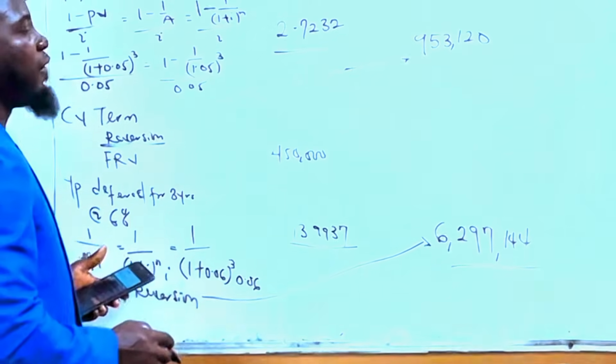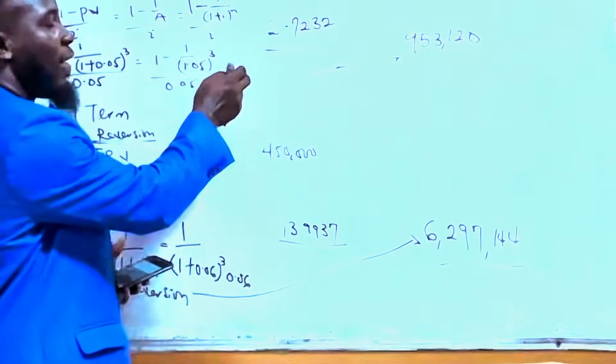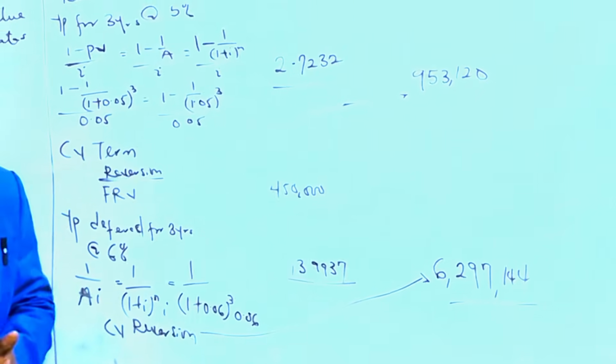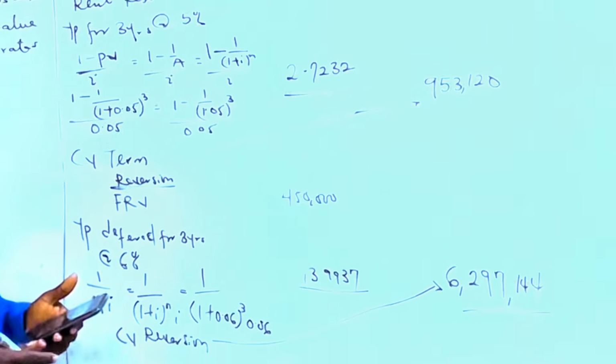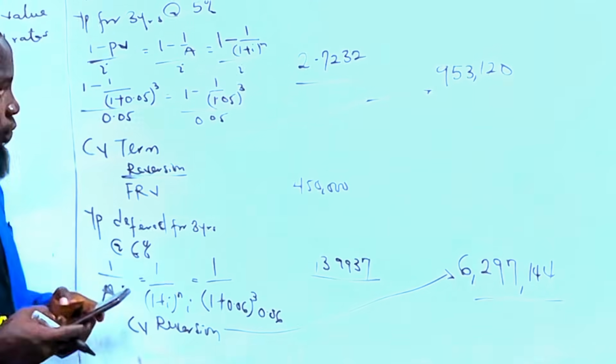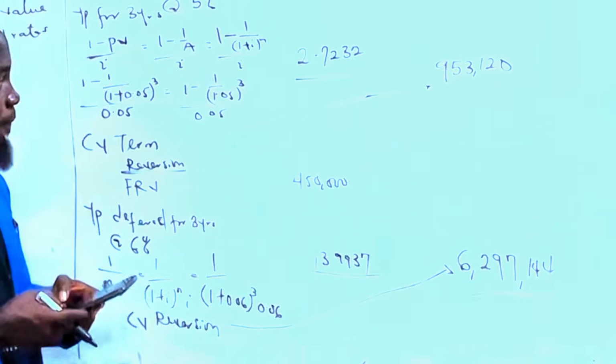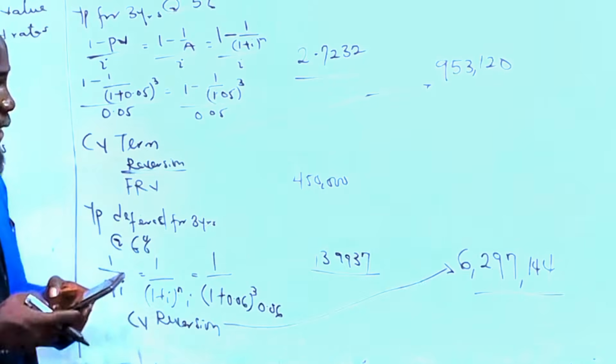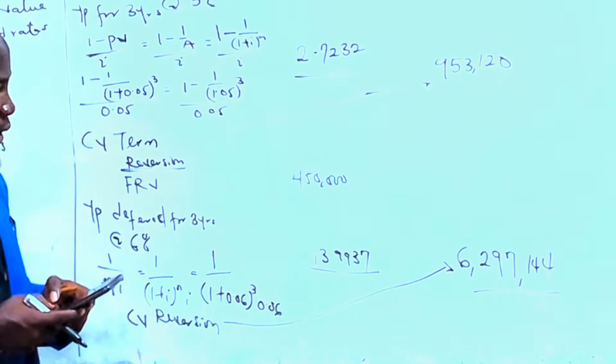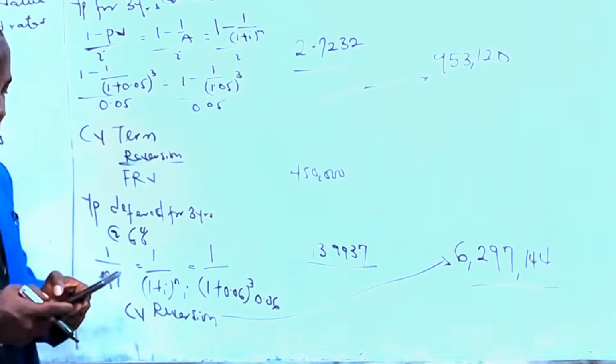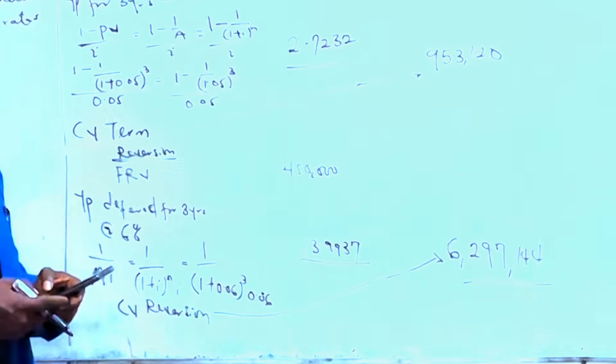Now to find the capital value of the property itself, add the capital value for the term and the capital value for the reversion together. 953,120 plus 6,297,144.